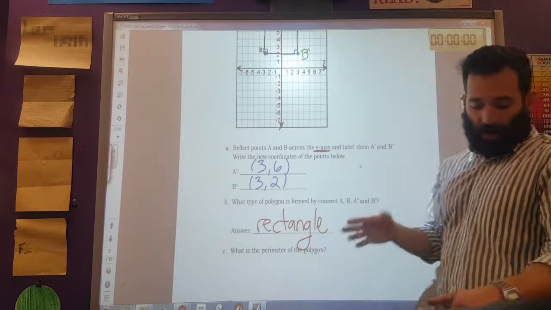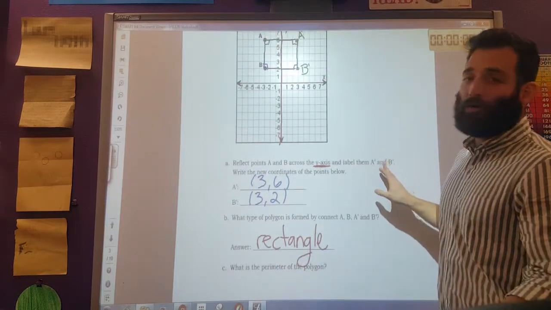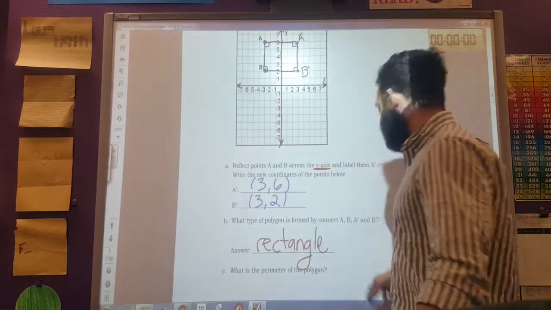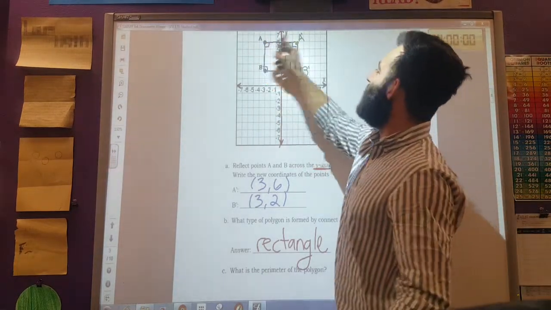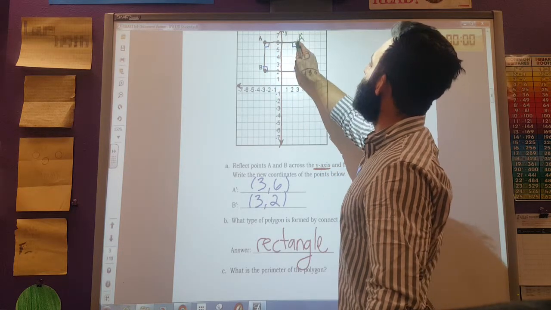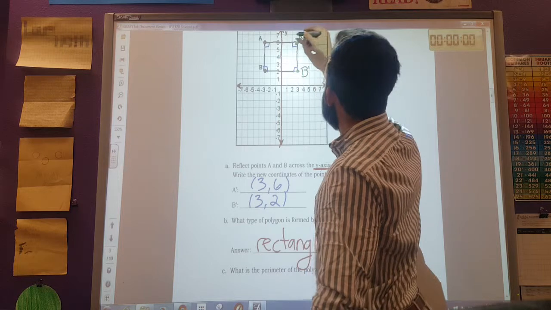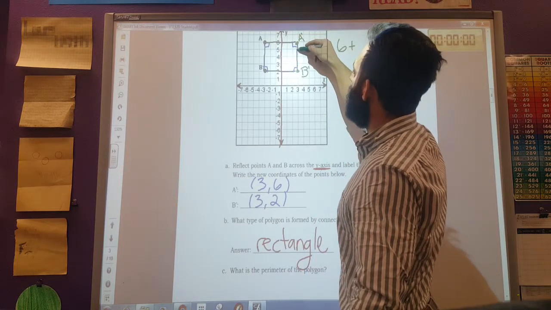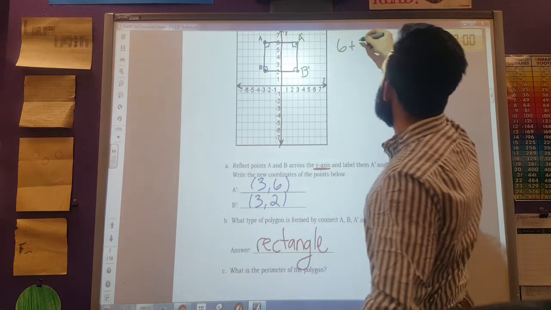Now, part C is asking me to find the perimeter. So what I'm going to do, I need to find the length of all of these line segments. So from A to A1, 1, 2, 3, 4, 5, 6. A length of 6 plus this length of 1, 2, 3, 4.